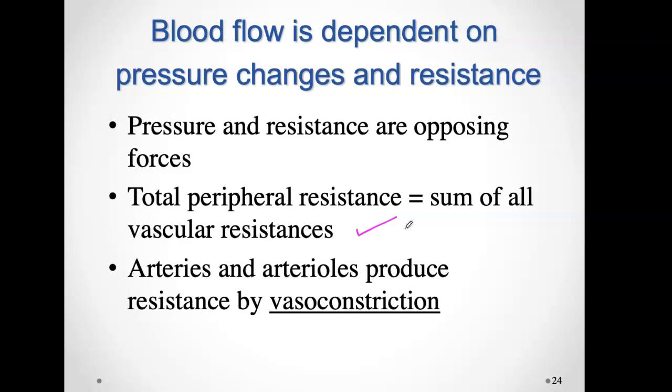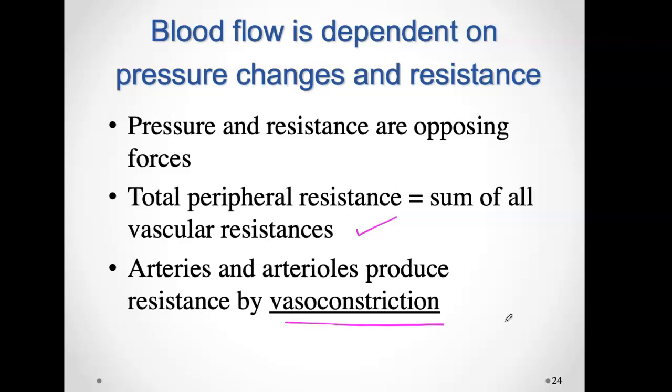Now, under regular situations, arteries and arterioles produce resistance, right? They produce resistance by vasoconstriction. Vasoconstriction, remember, is happening when you're closing a set of arteries, allowing less flow through those arteries, and allowing more flow of blood somewhere else.